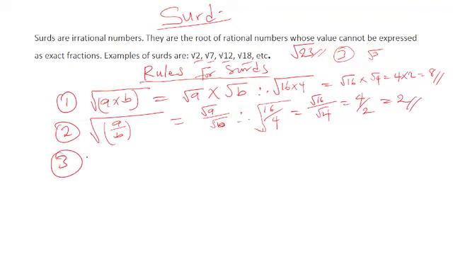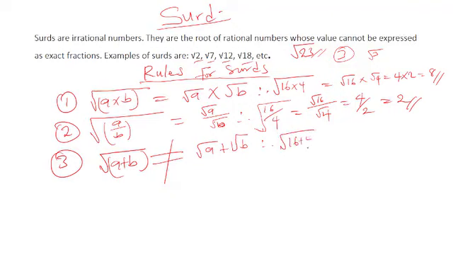The third one here is, if we have square root of A plus B, it's not equal to square root of A plus square root of B. If you want us to prove it, if you have the square root of 16 plus 4, that is equal to square root of 20.